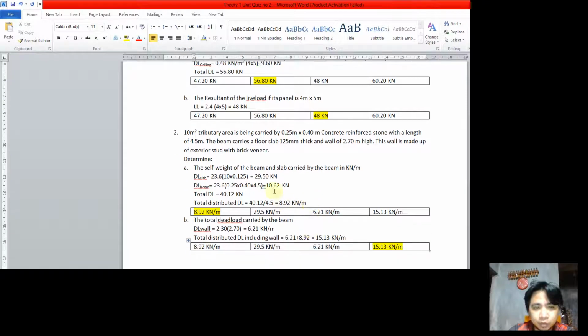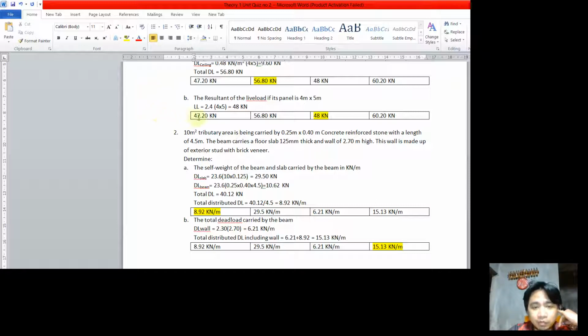So may we now proceed to problem number 2. For number 2, a 10 square meter tributary area is being carried by a 0.25 by 0.4 meter reinforced concrete beam with a length of 4.5.